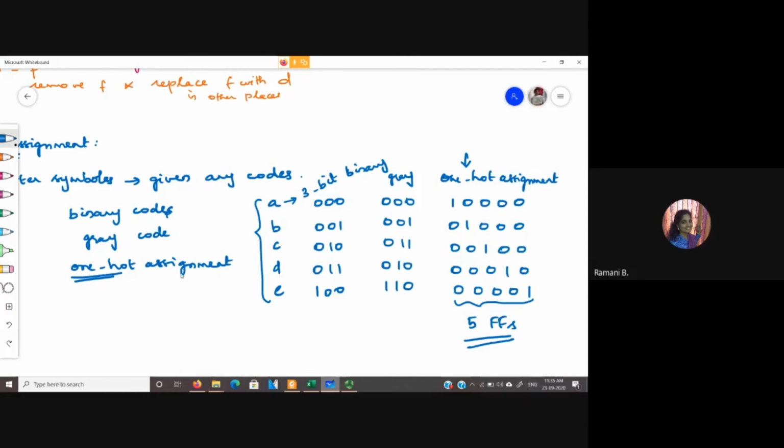With letter symbols, we can't do anything else as we are going to design the circuit, so we define some values for those letter symbols. Generally, we will be using binary codes only, as it is easier for us. But in some cases, they might use this also. That's what you need to have in mind.